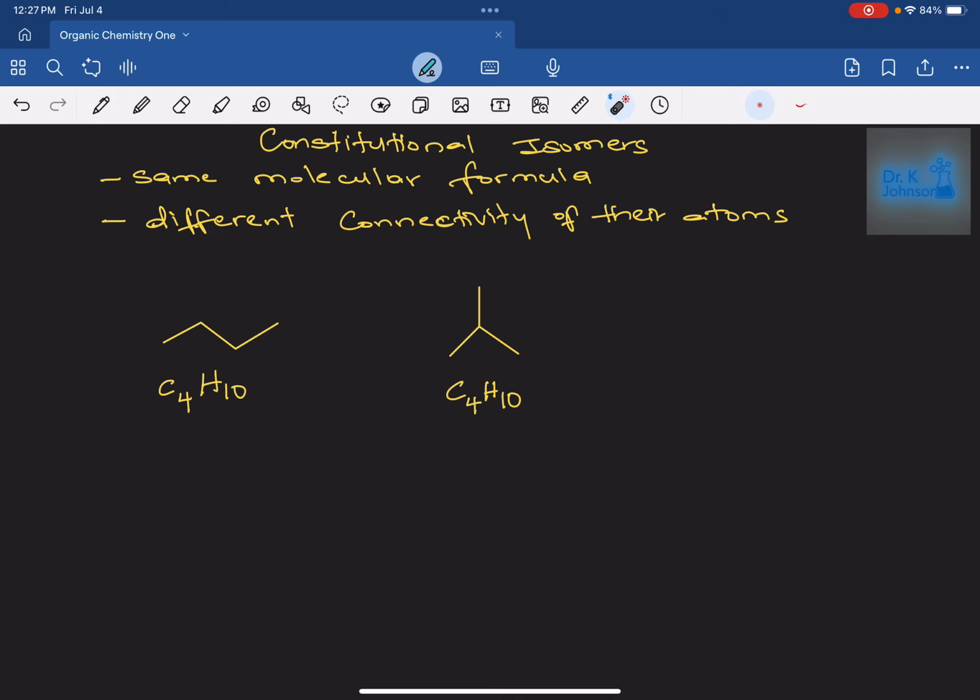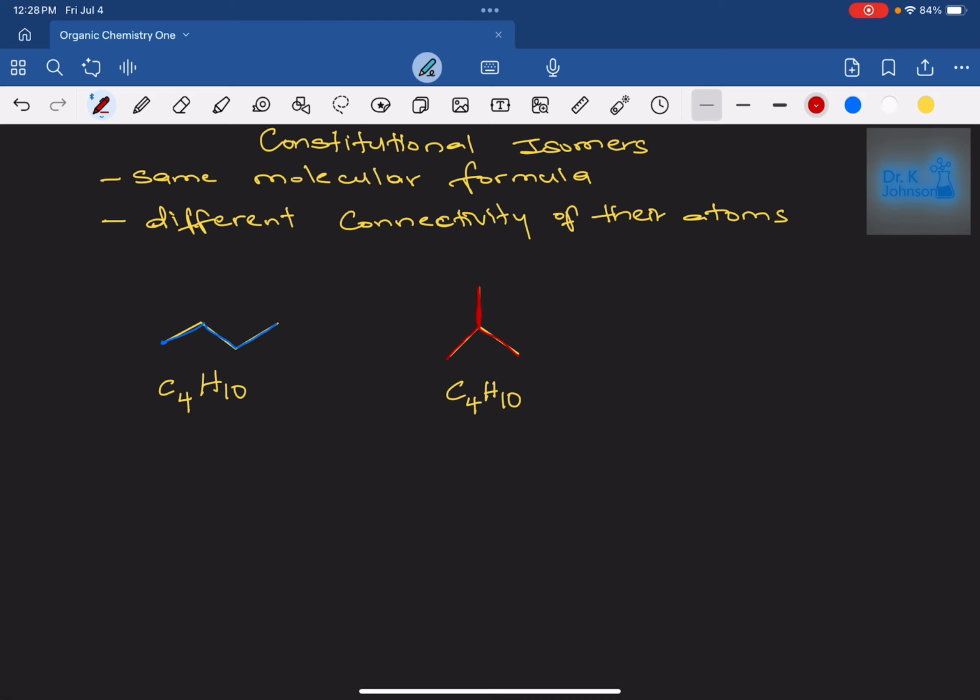If we look at our first structure here, I have one, two, three, four carbons in a straight chain. Let's highlight those. I have four carbons connected here. One, two, three, four, right? If we move over to the second structure, I have three carbons in a straight chain, and then on this carbon, I have a CH3 group.